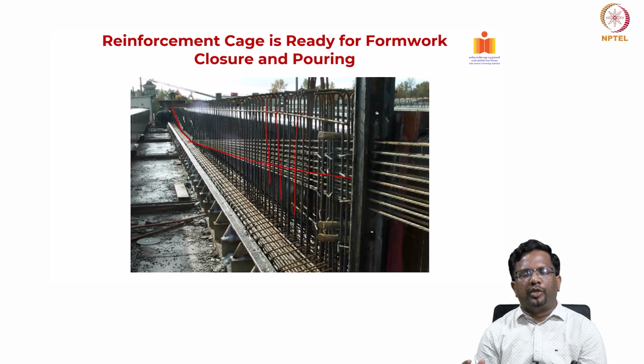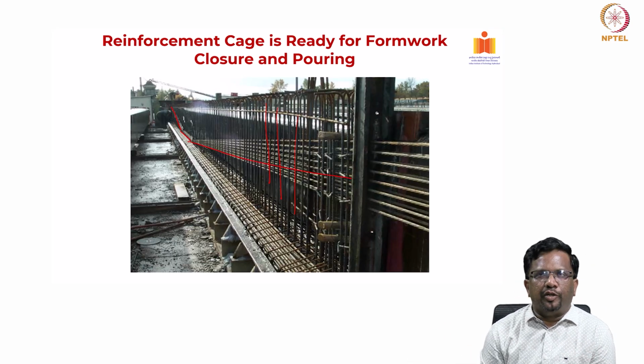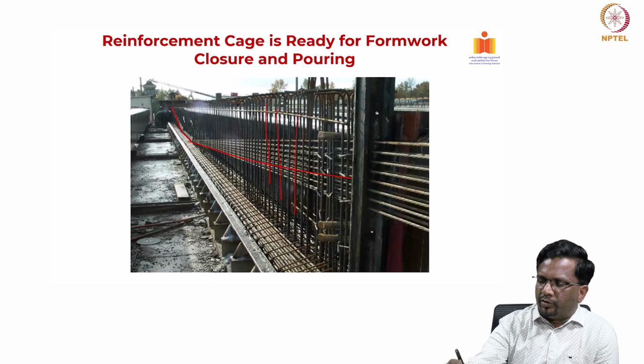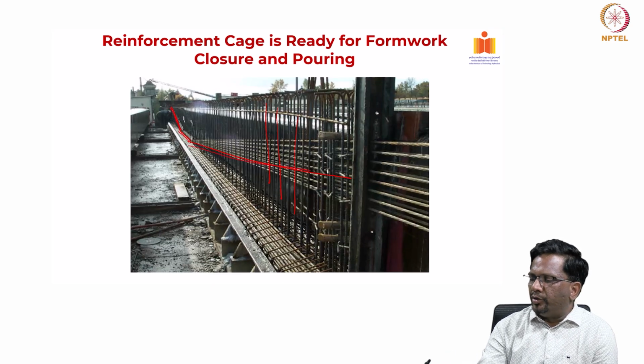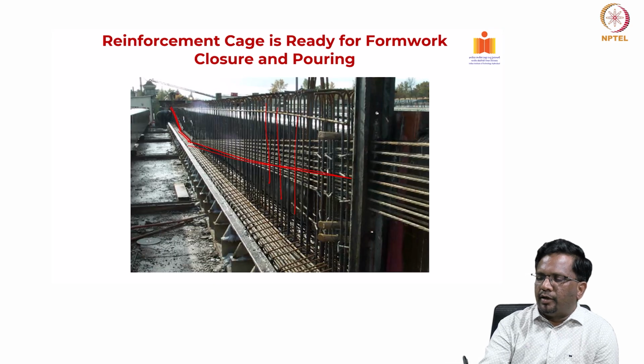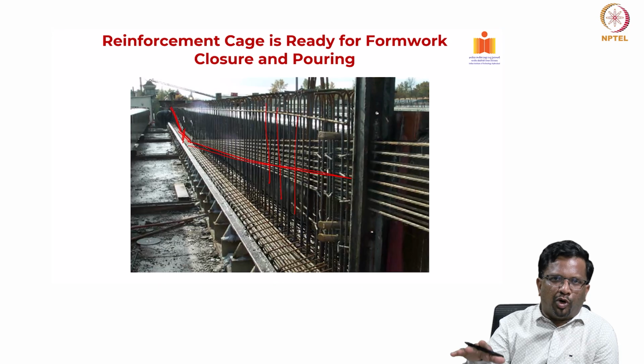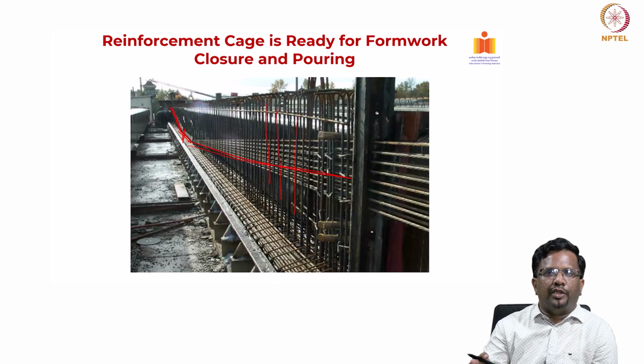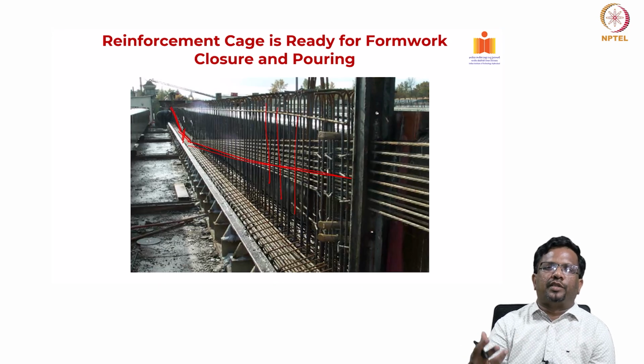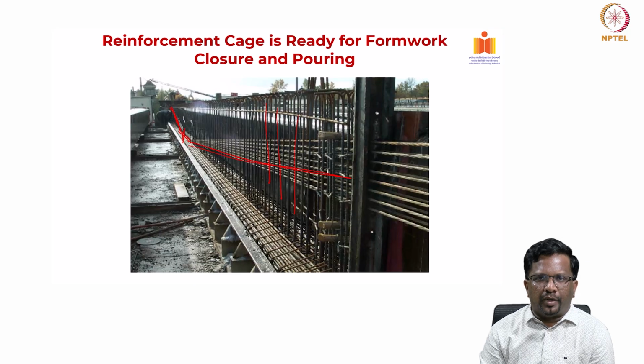You have a linearly varying cable, with one slope here, and it is flat here, and it is going like this. At the mid-span location, you see all the strands are at the bottommost location. The reason is you want to generate more eccentricity for this pre-stressing strand.